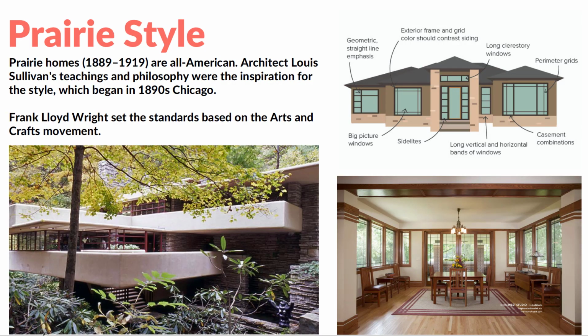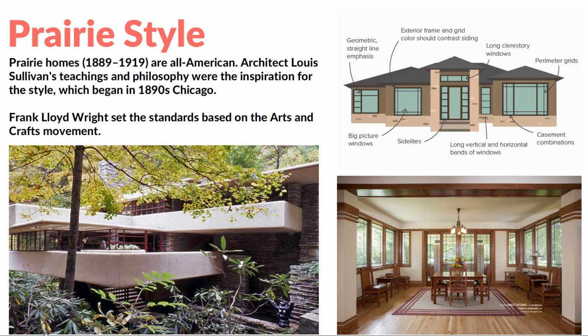And then just getting into Prairie Style itself. Prairie Style homes, late 1800s to early 1900s, are very, very American. We get into Louis Sullivan and his teachings of philosophy here, which really began in the late 1890s in Chicago. And Frank Lloyd Wright, here comes his name again, really set the standards for the Prairie Style, which really were from the arts and crafts movement.